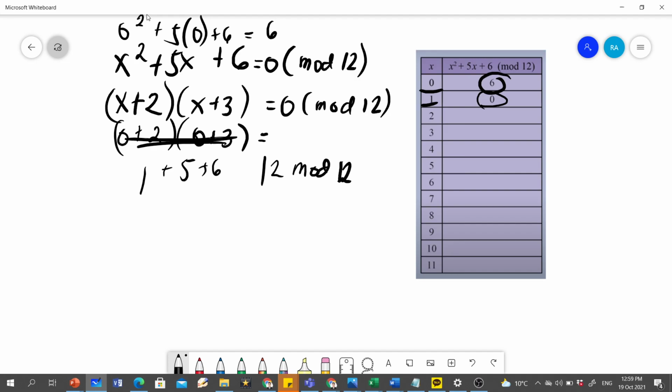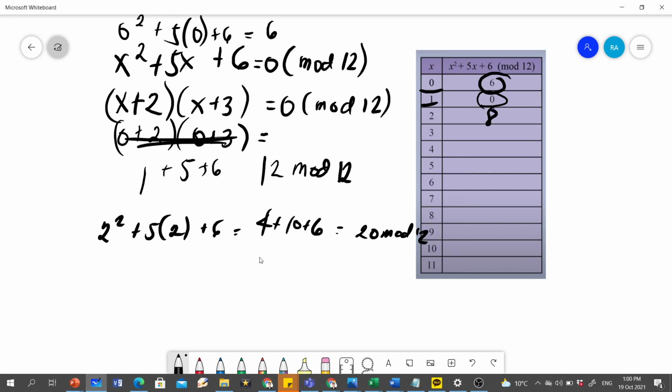So if we plug in 2, that becomes 2 squared plus 5 multiplied by 2 plus 6, which is 4 plus 10 plus 6 equals 20, mod 12 gives a result of 8.